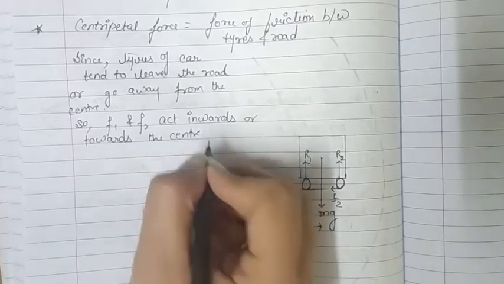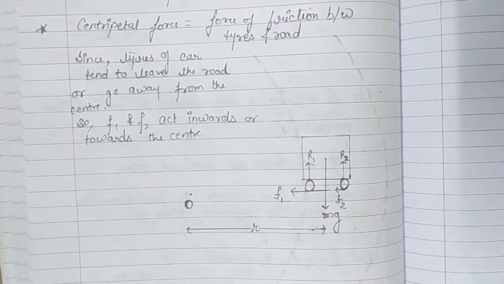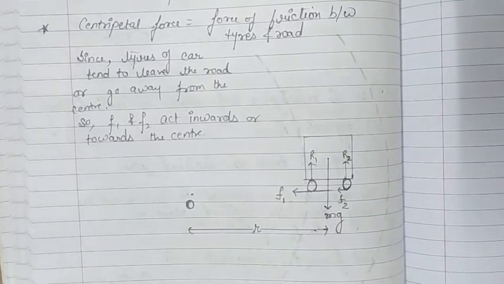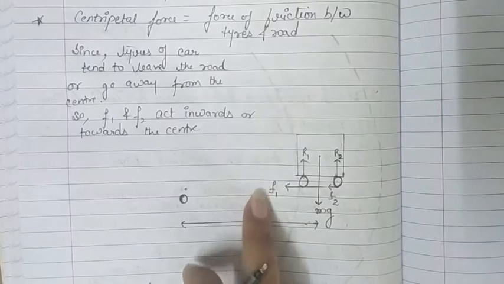So now we get the direction of the friction forces, and this direction is the same for inner tires as well as the outer tires. In both cases it acts towards the center.